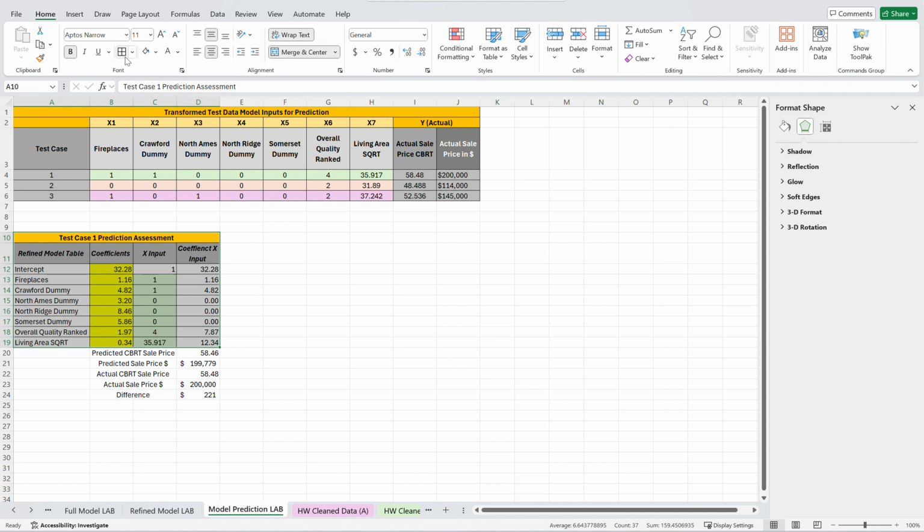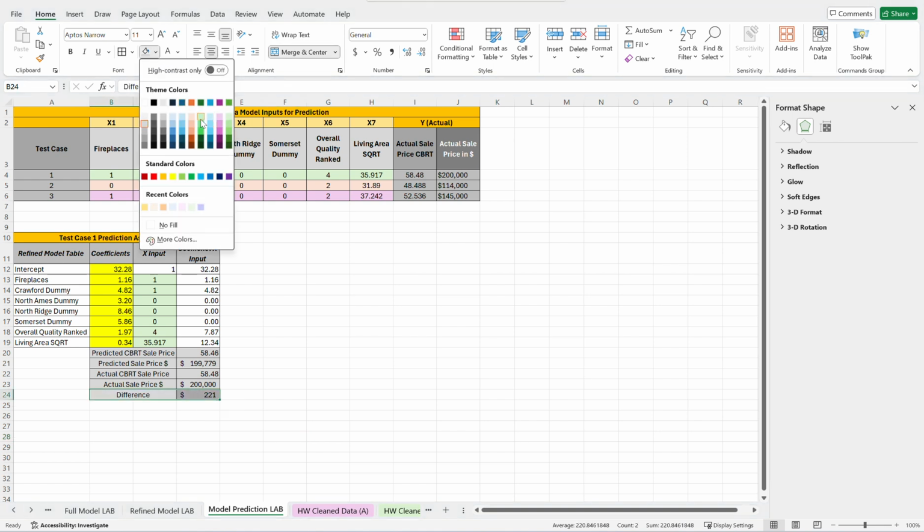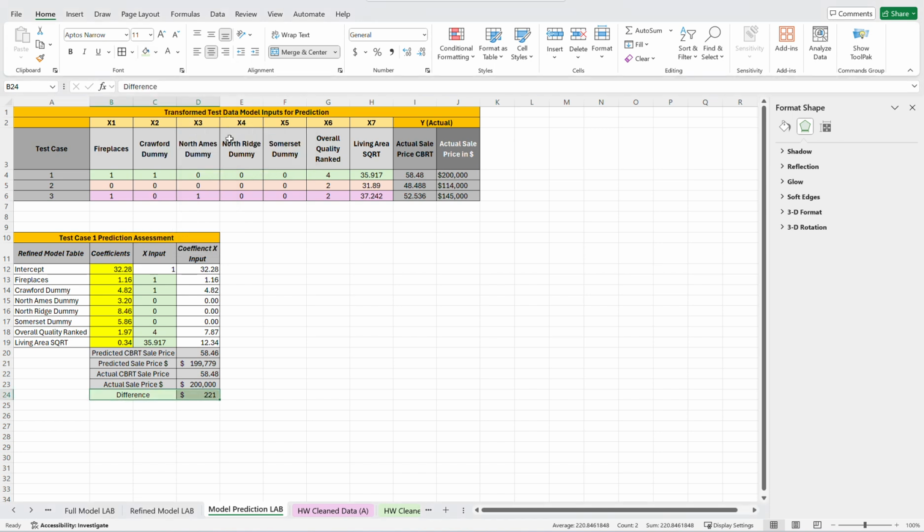Okay, then we can clean this table output up if you want. Just make it look nice, and then we can highlight the difference here in that same green color, just so we can see how off we were in our prediction.